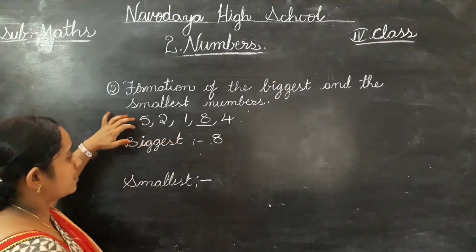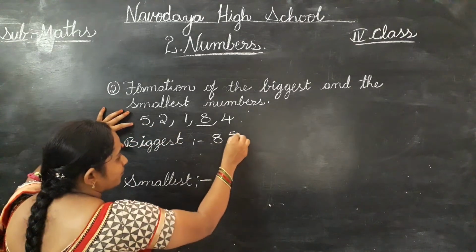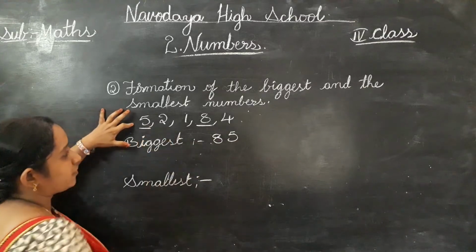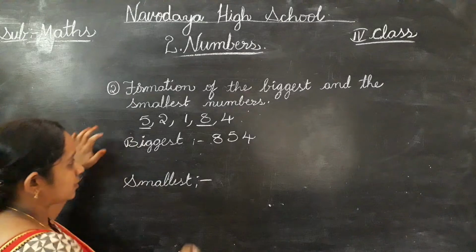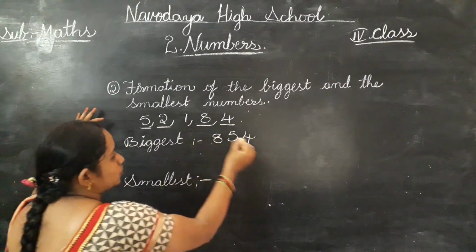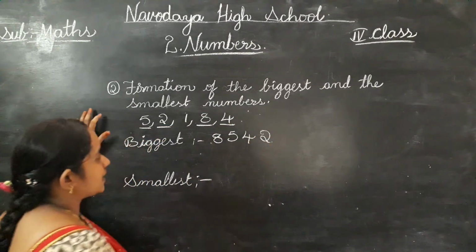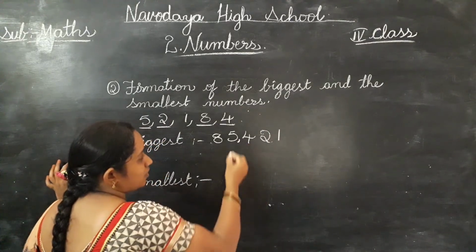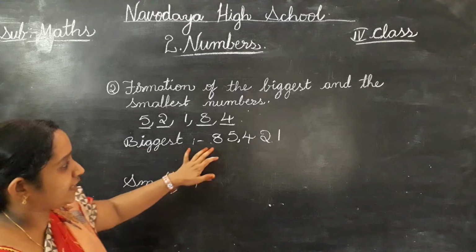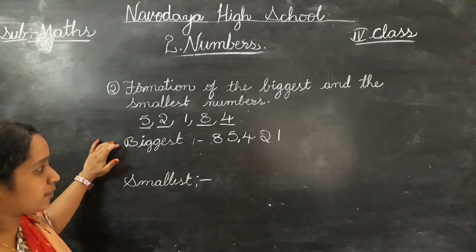Next bigger number? 5. After 5, 4. Next, 2. Last one, 1. So 85,421 is the biggest number.